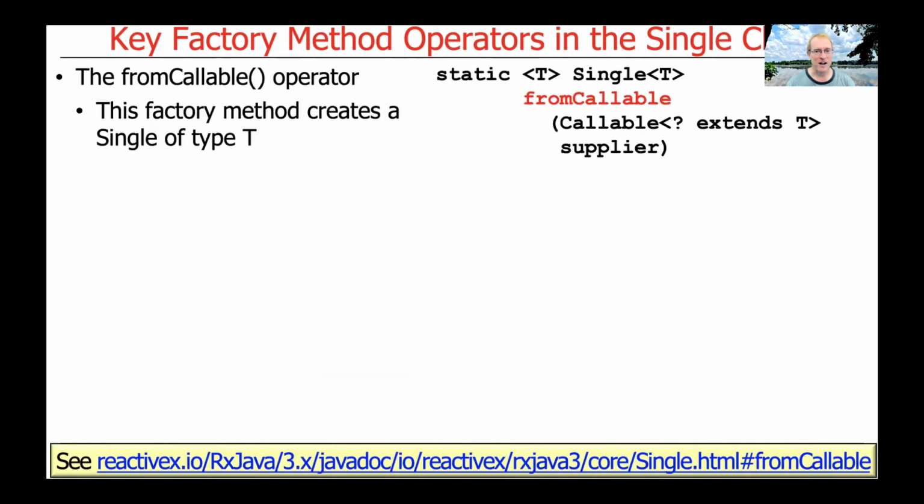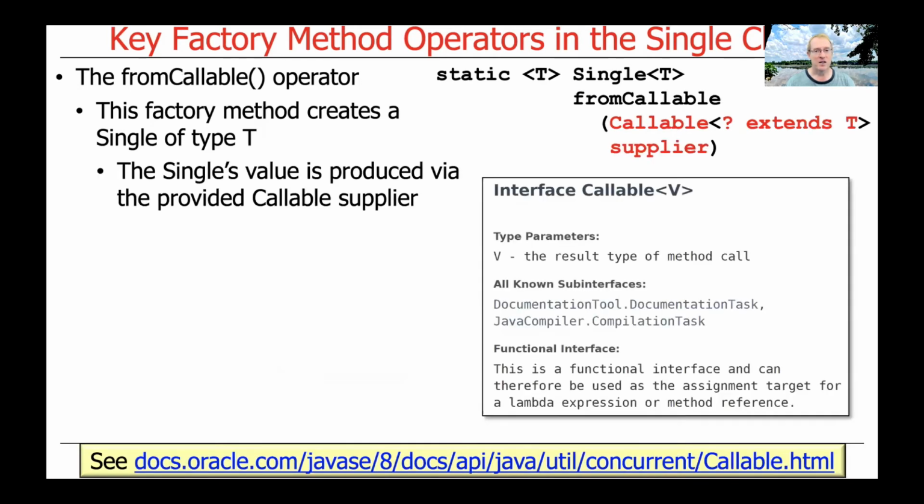Let's take a look at another factory method operator defined in the Single class. This is the fromCallable operator. This factory method also can be used to create a Single of type T. The Single's value is produced, however, not by passing in the parameter directly to the method, but by a provided Callable supplier.